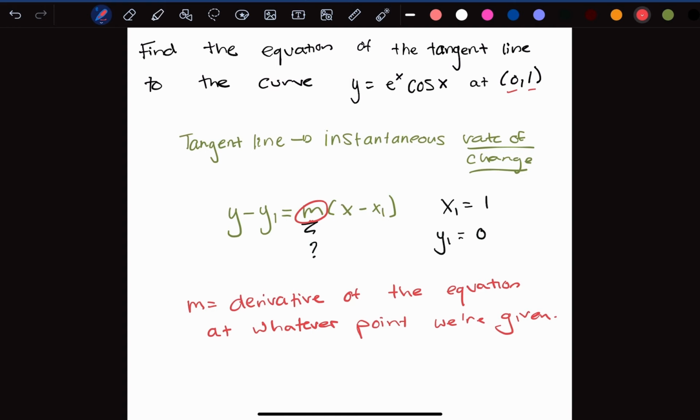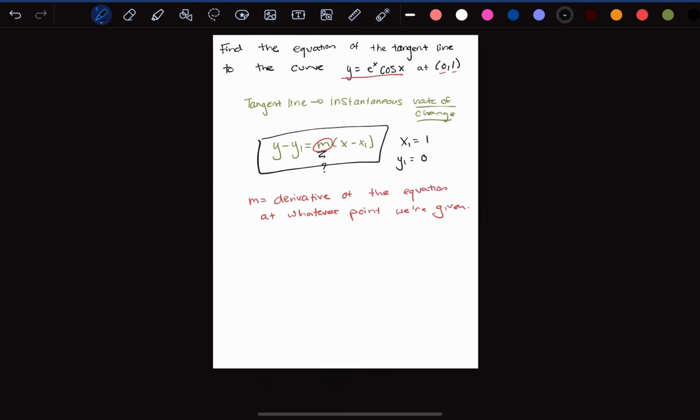So what we're going to do is take the derivative of y is equal to e to the x cosine x, and then we plug in 0 for our x value, and that's going to give us the slope at this point. And then we plug that all into our point slope formula, and then we're going to have the equation of our tangent line.